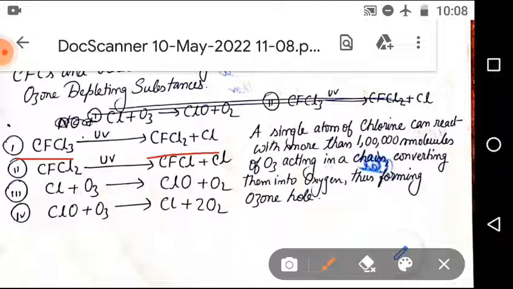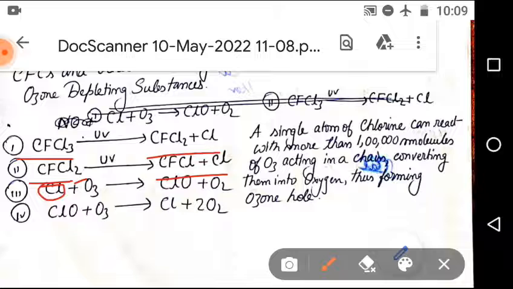The CFCl2 then again, with the help of ultraviolet light, breaks into CFCl and Cl. Finally, this chlorine which is found within the chlorofluorocarbon, that means all the halogens, actually interfere with the ozone layer.